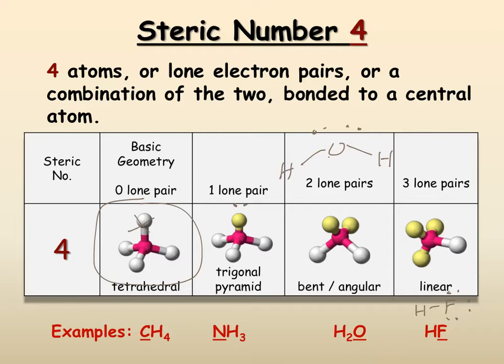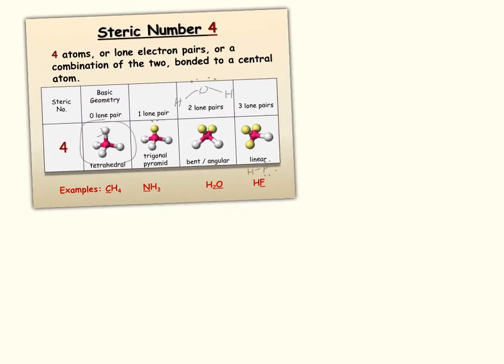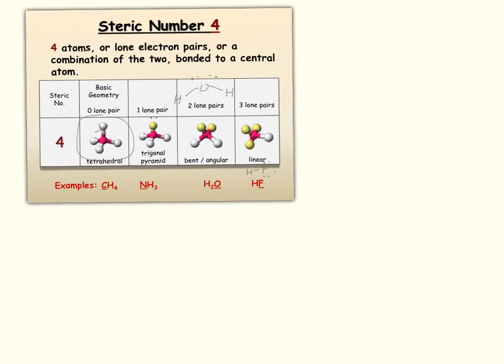Okay? So to kind of sum up the things that you need to be able to do, or what you're responsible for, there's really not that many shapes that we've gone over here. Seems like there's been a lot of information, but for the most part, you need to be able to identify something as linear. You need to be able to identify something as trigonal planar.